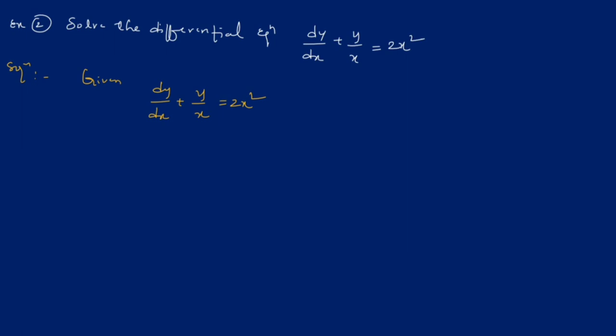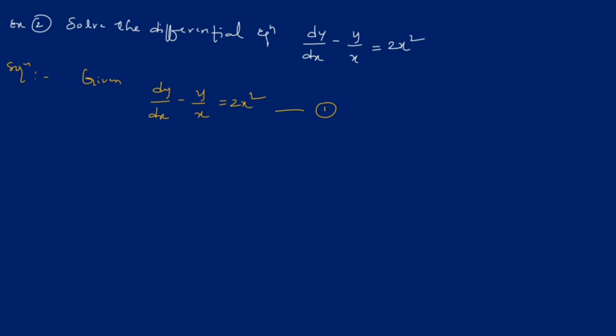So write down, take it as equation 1. It is a minus term actually, this term is minus 1. So it is dy by dx minus y by x, which equals 2x square. Take it as equation 1.